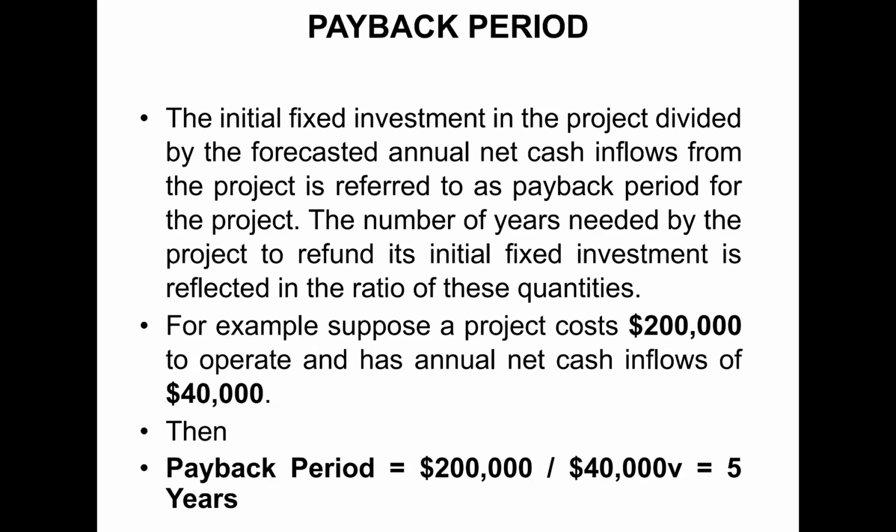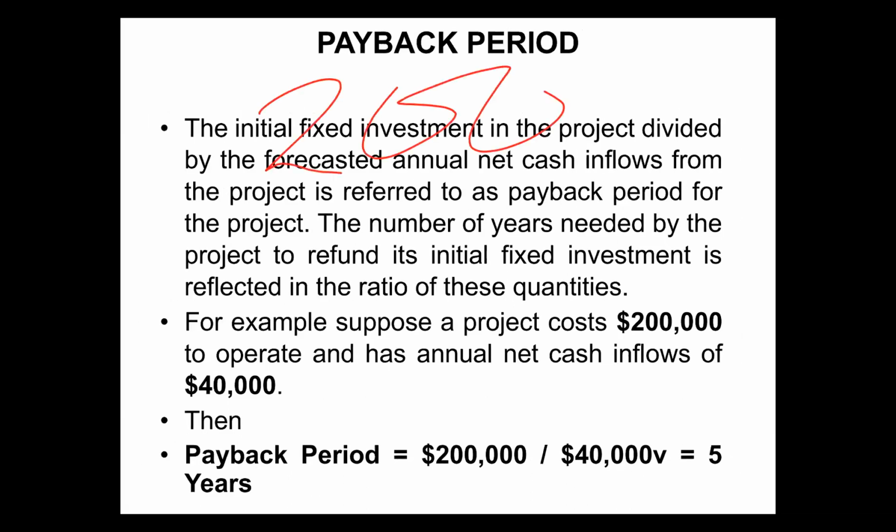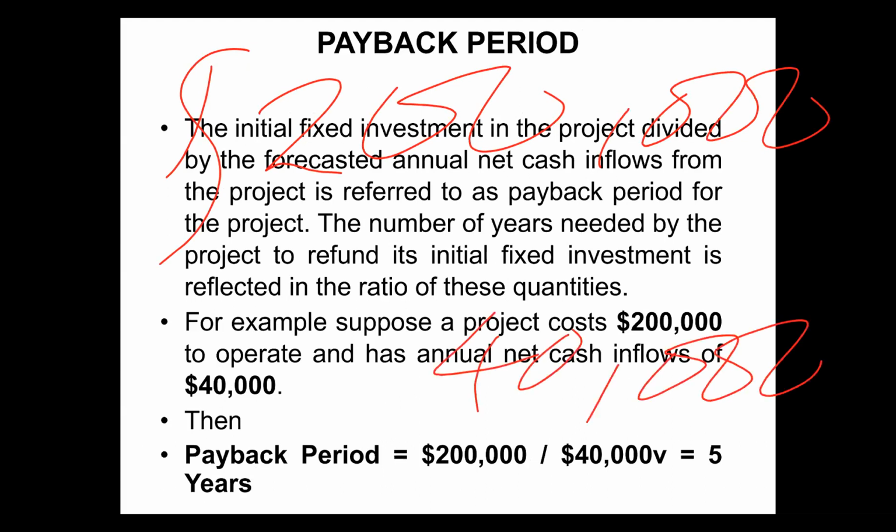So the number of years needed by the project to refund its initial fixed investment is reflected in the ratio of these quantities. For example, suppose a project costs $200,000 and has an annual net cash flow of $40,000.